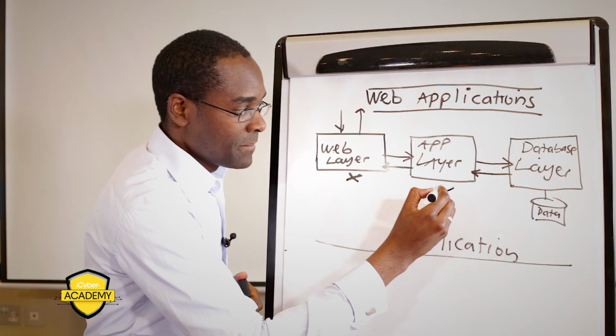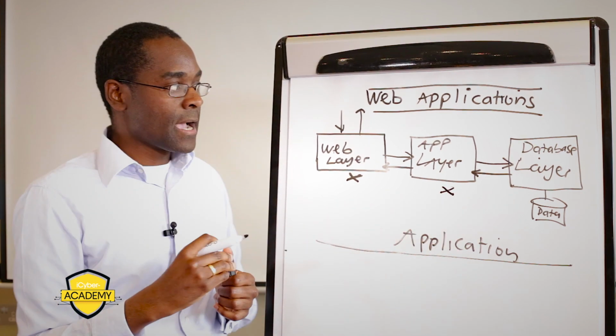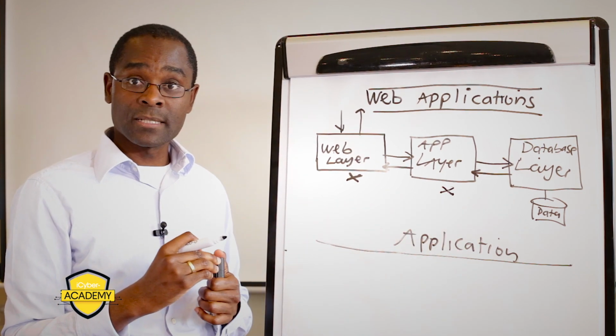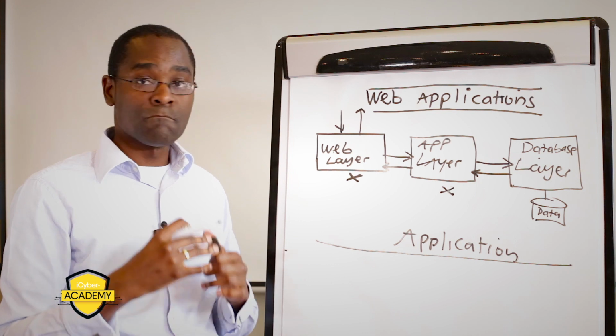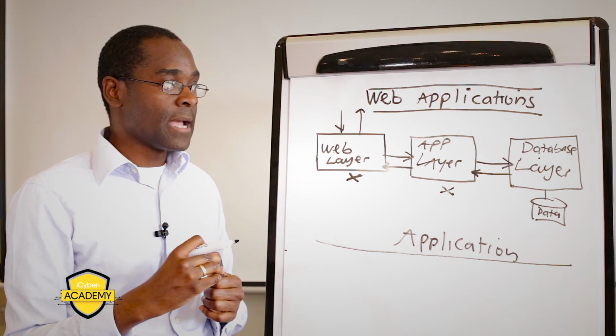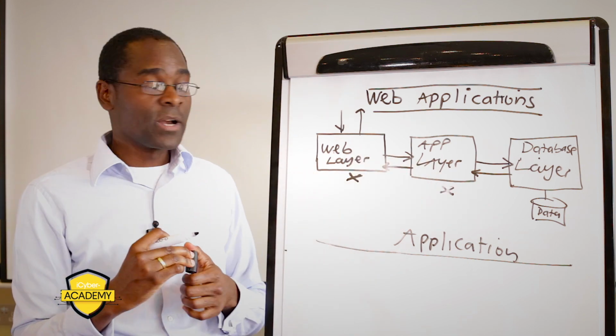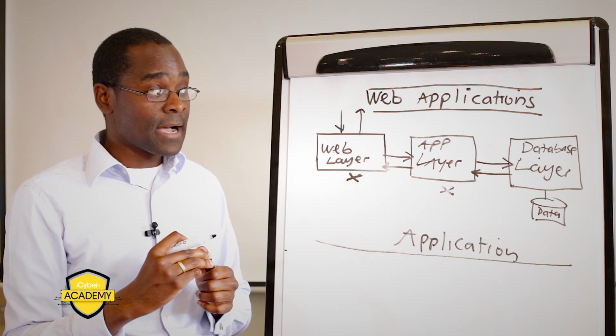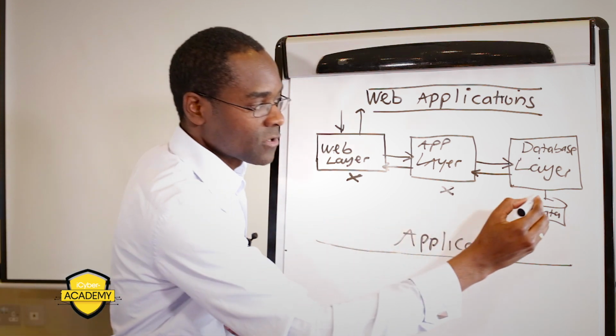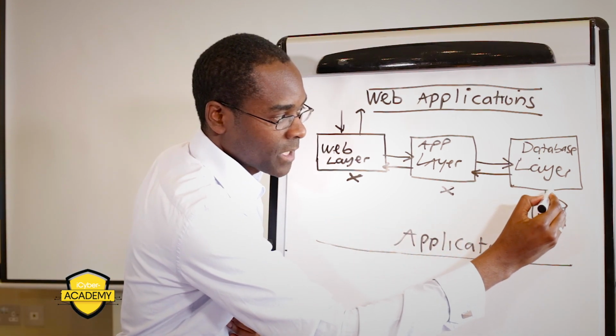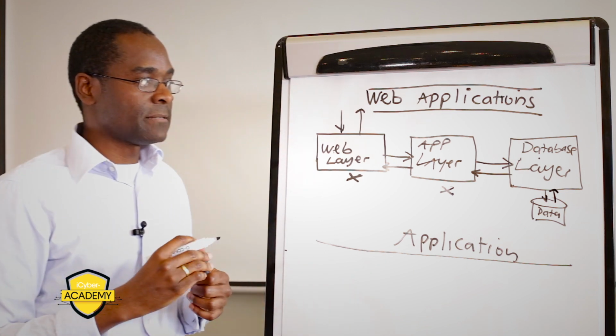Then we have the application layer. So this is where the application logic is processed. So for example, you have the business intelligence, we have the application transaction, all of those will be done at the application layer. And then when it comes to actually storing and handling data, that part is going to be stored at my database layer.